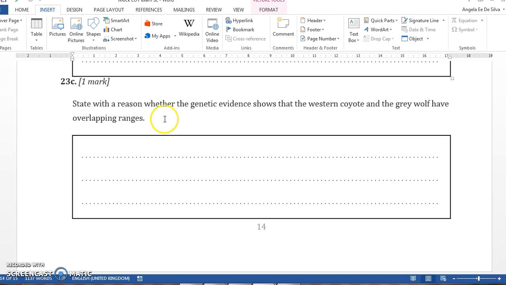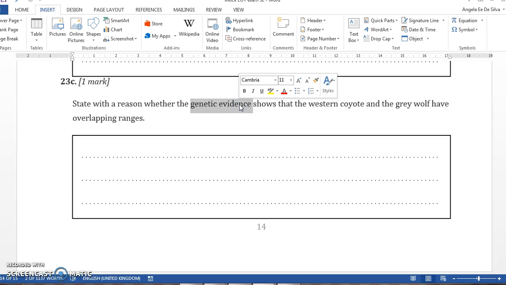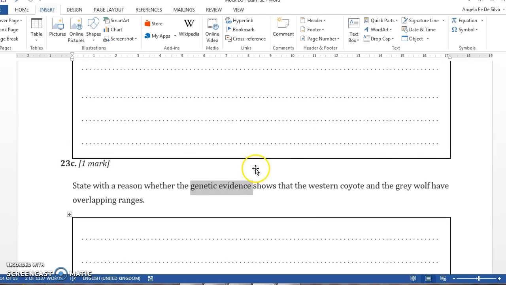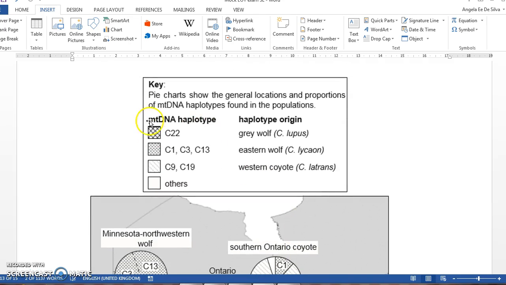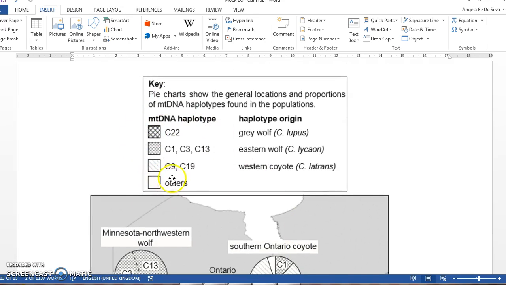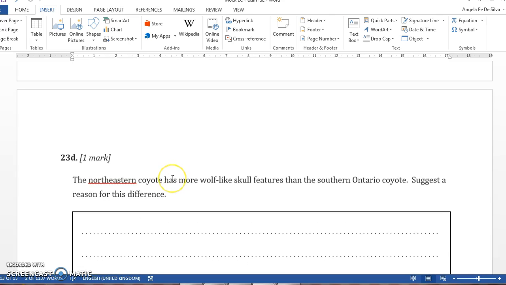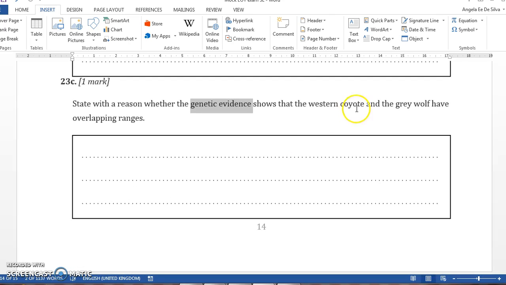So if I read this again, they want me to look at genetic evidence. This is genetic evidence, and this is also genetic evidence. And they want genetic evidence of the western coyote and the grey wolf.